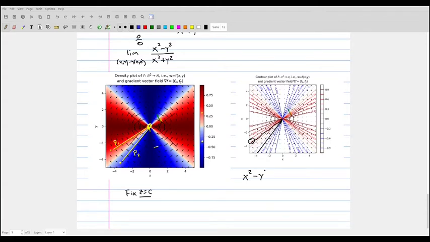you get that the contour curves are going to be curves of the form x squared minus y squared over x squared plus y squared is equal to c. And we can rewrite this as x squared minus y squared is equal to x squared plus y squared times c.